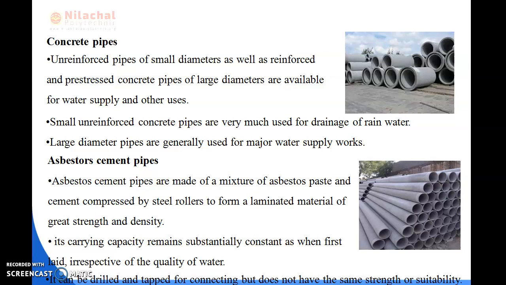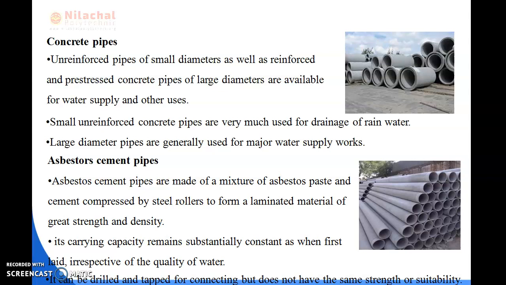Next we'll be reading about asbestos cement pipes. You can see here the images of asbestos cement pipes. They are made of a mixture of asbestos paste and some quantity of cement that are compressed by steel rollers to form a laminated material of great strength and density.